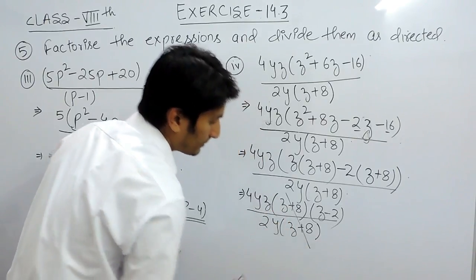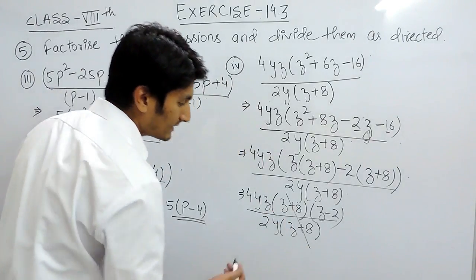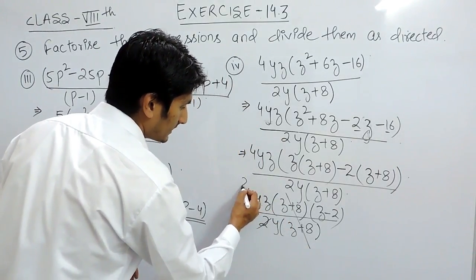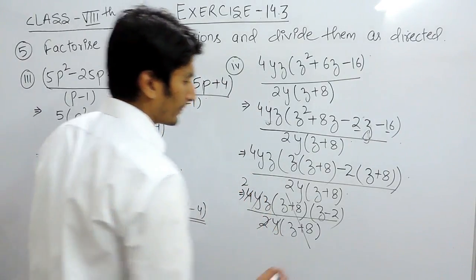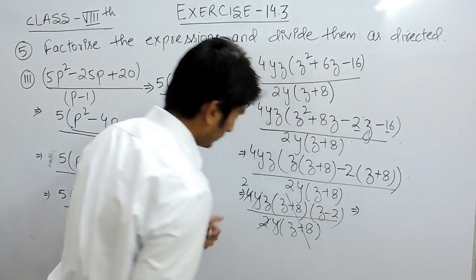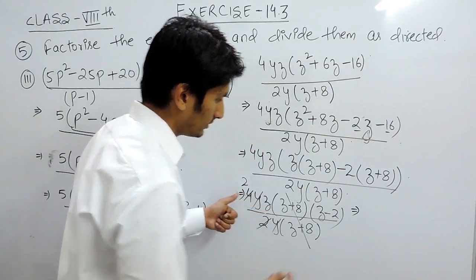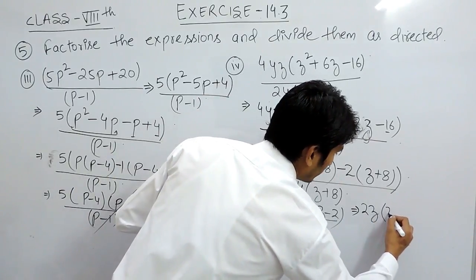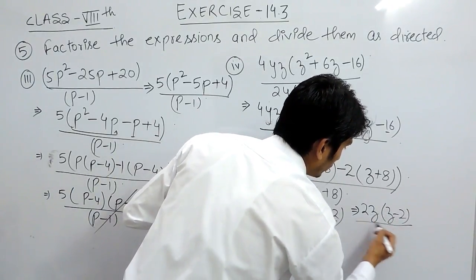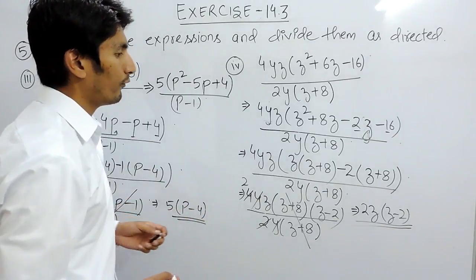So z plus 8, z plus 8 are same, so can be cancelled. 2 can be cancelled with this 2, and y will be cancelled with y. So the remaining factors, which are 2 into z and z minus 2, would be your answer for this fourth part.